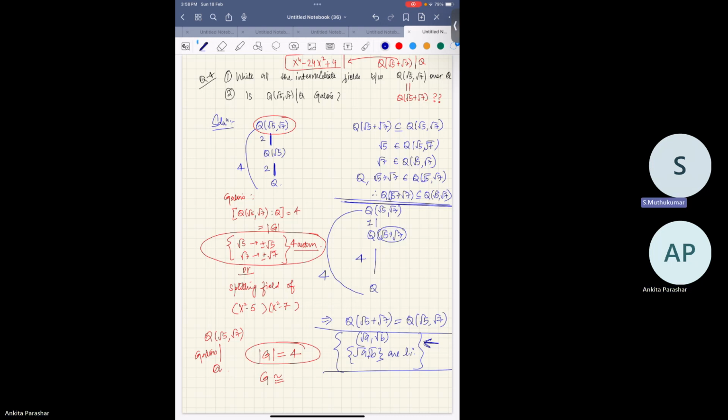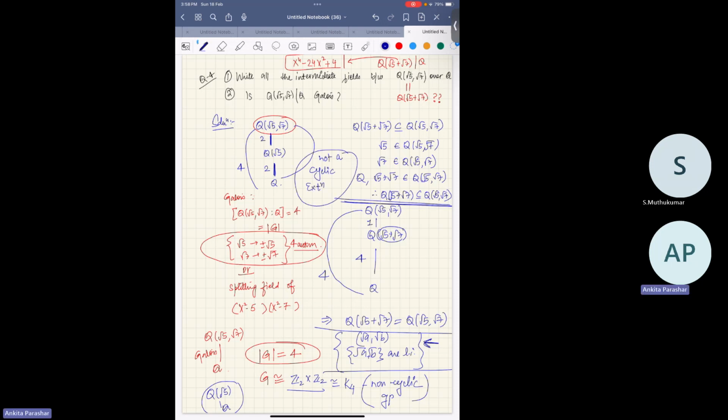What do you say? Z2 cross Z2, right? The Klein 4 group is not cyclic, of course. We are not saying this is a cyclic group, but Q of root 5 over Q is a cyclic extension. This is not a cyclic extension, because its Galois group is not cyclic. It's just Z2 cross Z2.